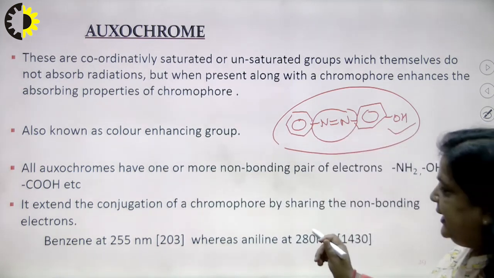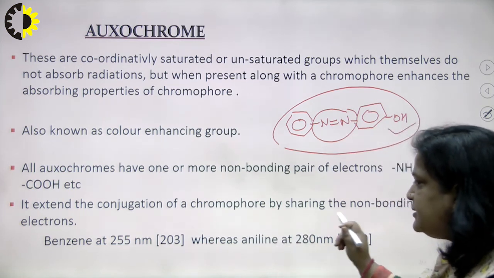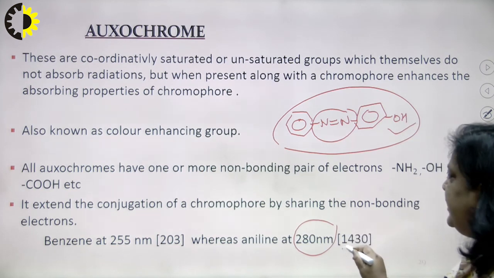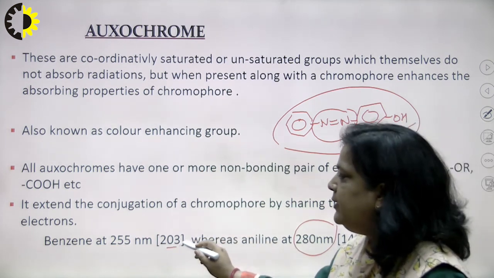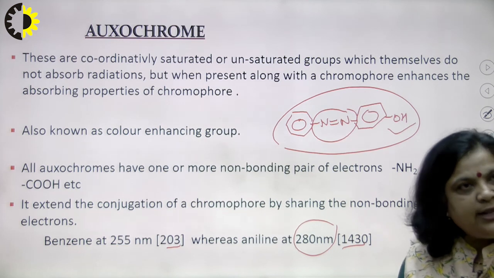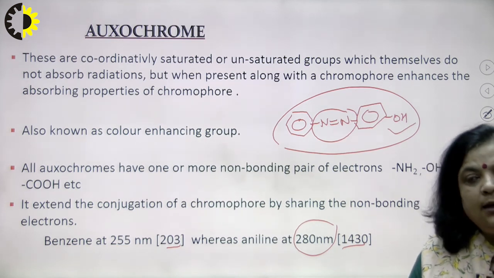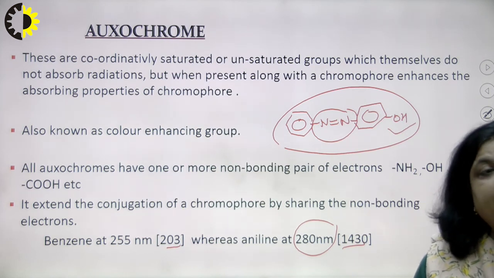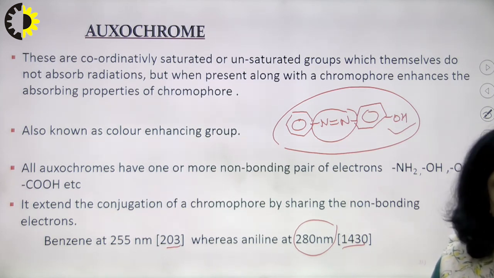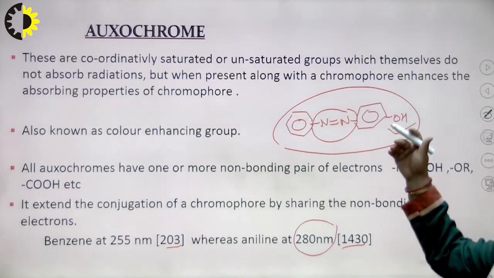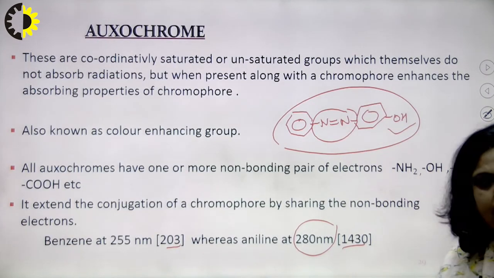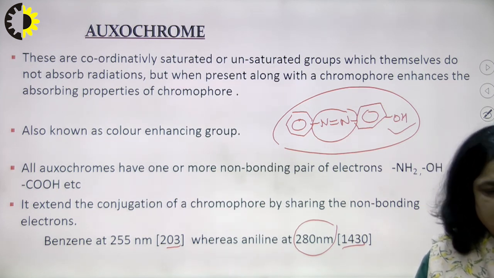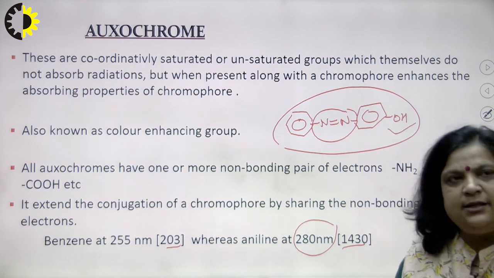That is aniline, the NH2 group is the auxochrome, and it increases the intensity, which is basically related to epsilon. So it increases the intensity as well as the lambda max value. And when we introduce a chromophore, the lambda max also increases. Basically I finish this lecture here, and absorption shifting and transition intensity shifting I will discuss in the next lecture. Thank you.